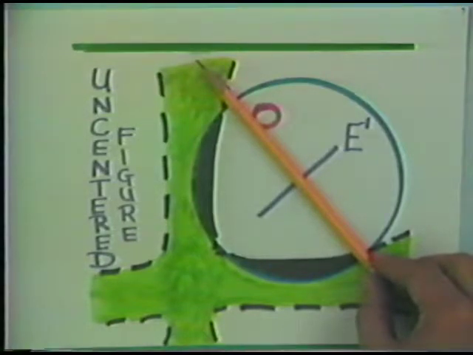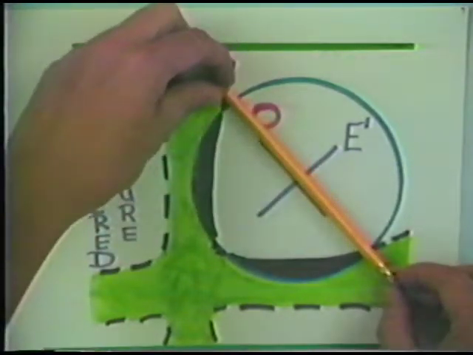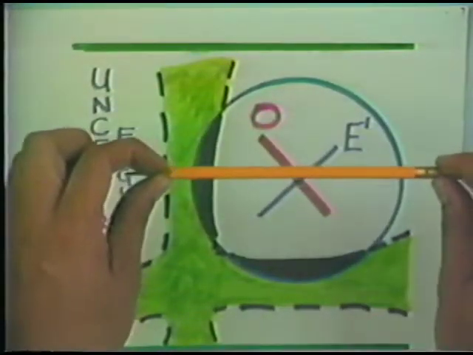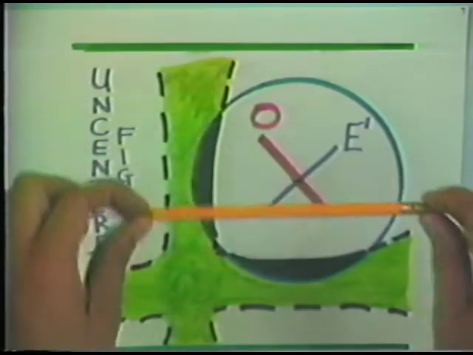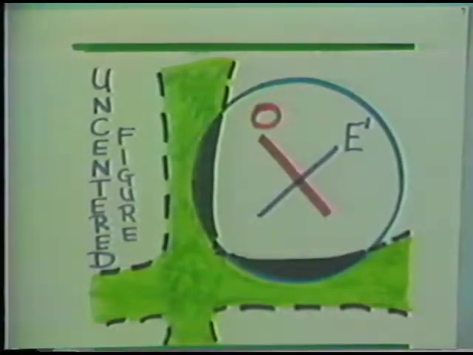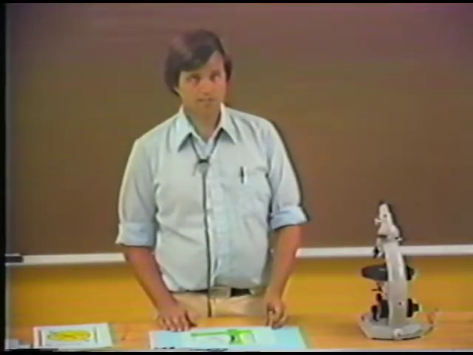So the procedure would be to take out the Bertrand lens and the converging lens and simply rotate the stage of the microscope so that the O ray is parallel to the microscope polarizer. Then you can measure uniquely the ordinary ray in terms of its refractive index.